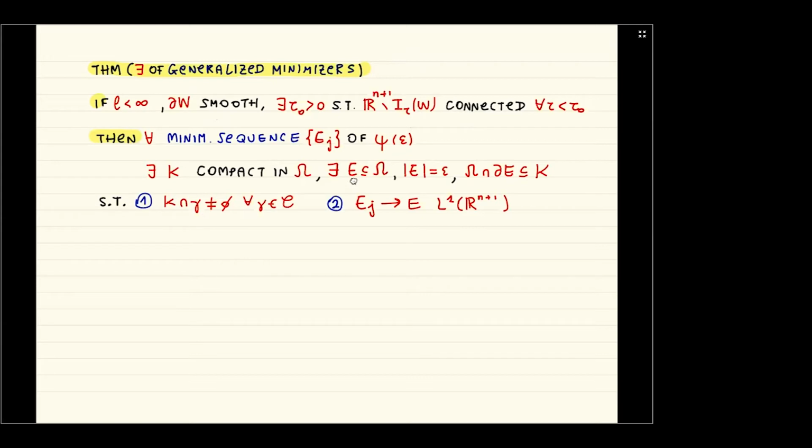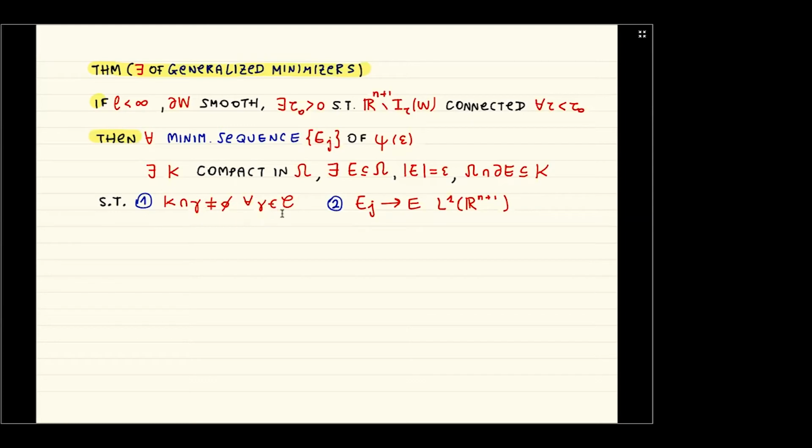not just a set. You don't just get that E_j converges to a set. The limiting behavior of E_j will be described rather by a pair, K and E. So E will be indeed a set with the right volume, volume epsilon, but the boundary of E will be contained in a larger set K, and it is the set K that will realize the spanning condition.